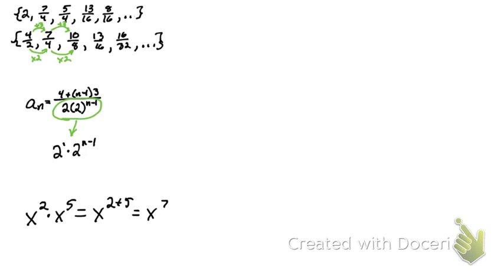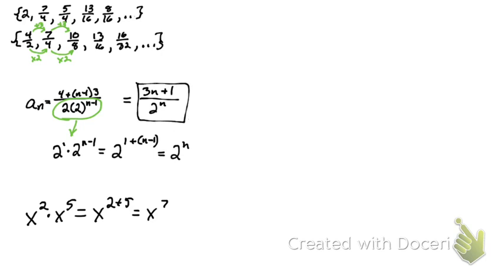They both have the same base of 2. So we could turn this into 2 to the 1 plus the n minus 1, which would just be 2 to the n. So we can simplify this one to being 3n plus 1 all over 2 to the n. That's why that one might have come out a little weird for some of you, that you might have stopped here, but this is simplifiable.